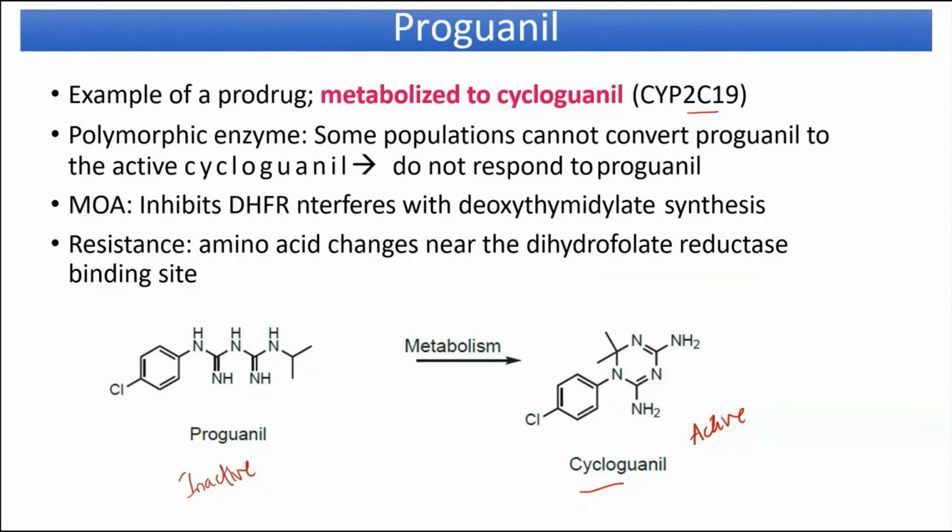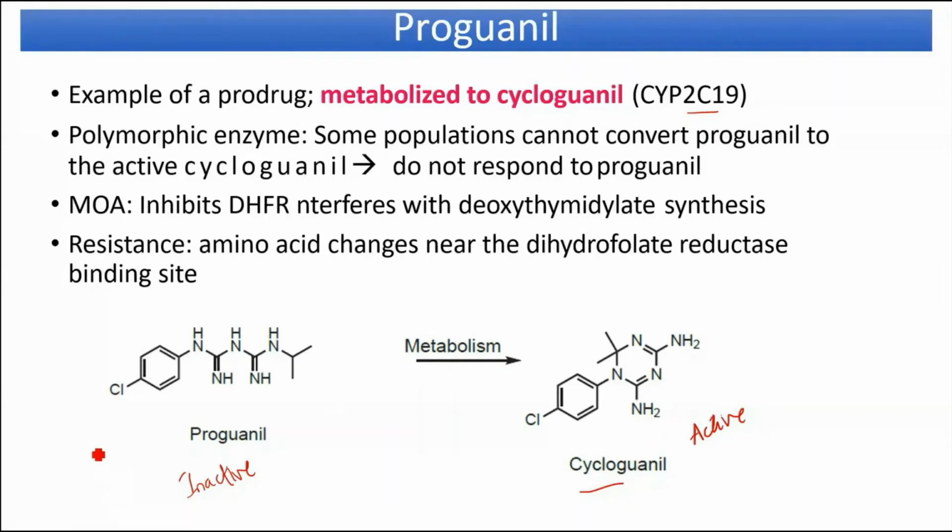So what is observed is, whenever there is some population which is lacking this enzyme or which is having what we can say is a lesser active enzyme, which is known as polymorphic enzyme forms, they are not able to convert proguanil into active cycloguanil.